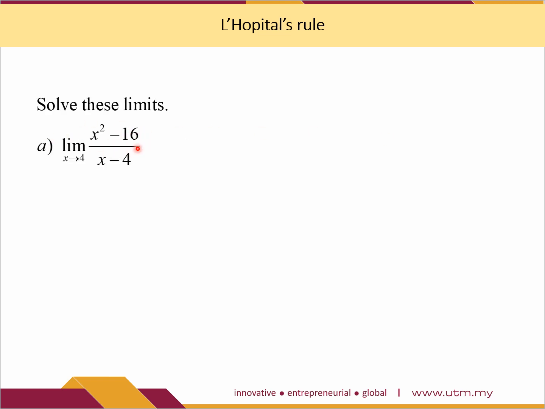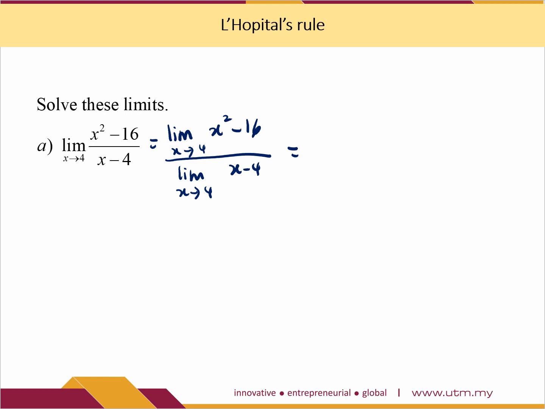Now we want to solve this limit, given that this is in terms of a fraction. Before substituting our 4, we separate this into the limit of x squared minus 16 as x approaches 4 divided by the limit of x minus 4 as x approaches 4.